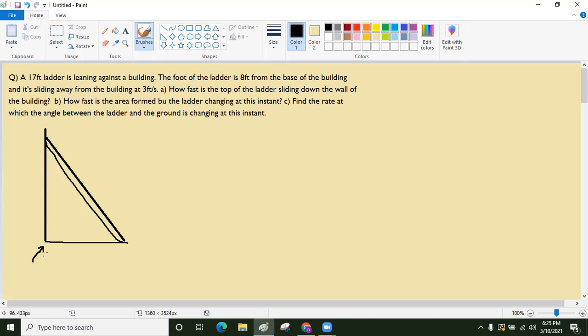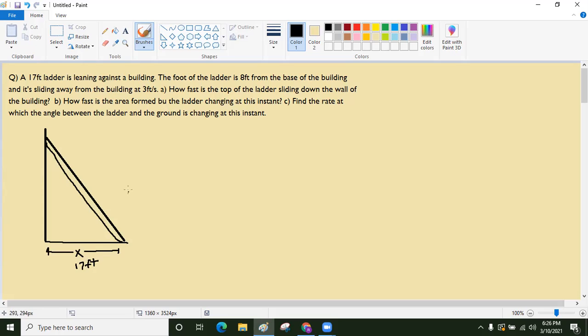So if this were classified as the building wall, then the distance between the building and the ladder is going to be 8 feet. So we can say that we have x here. If we take this particular side as x, the distance between the ladder and the wall, then we can say that this distance x is in fact going to be 17 feet.